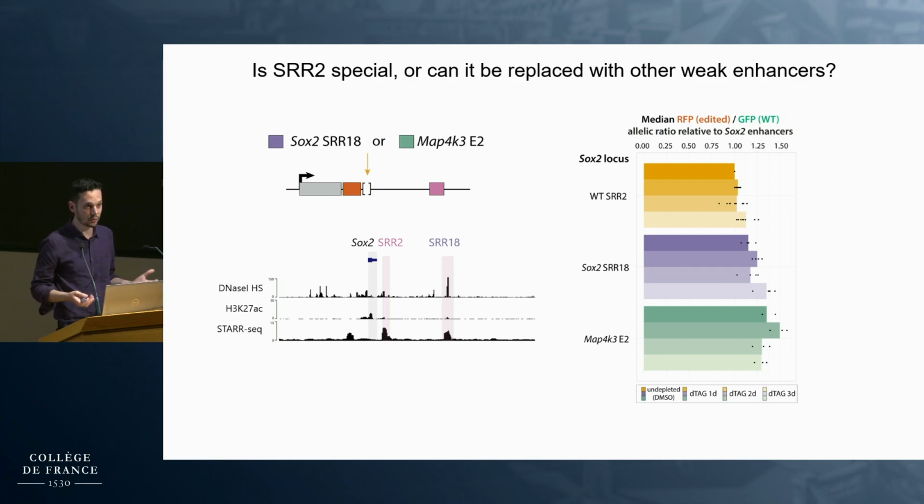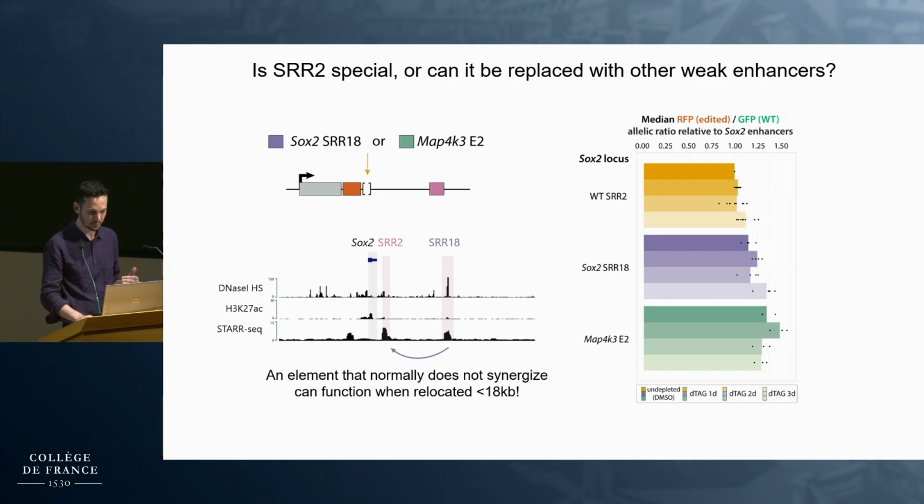So this ability to synergize seems to be a pretty degenerate feature of weak enhancers, certainly not something that evolves through compatibility with the SCR, the SOX2 enhancer and SOX2. We can also repeat these experiments when we replace the SOX2 enhancer by the CAR2 enhancer, and it also works. So again, it seems to be a general property of enhancers, not specific to SOX2.